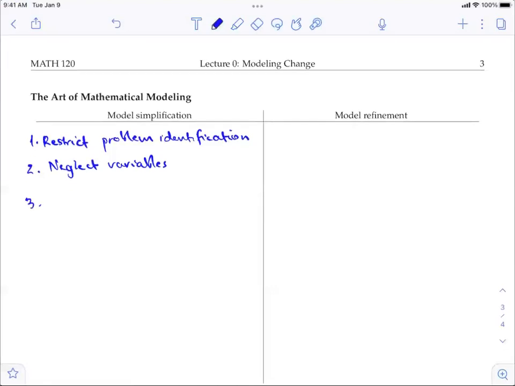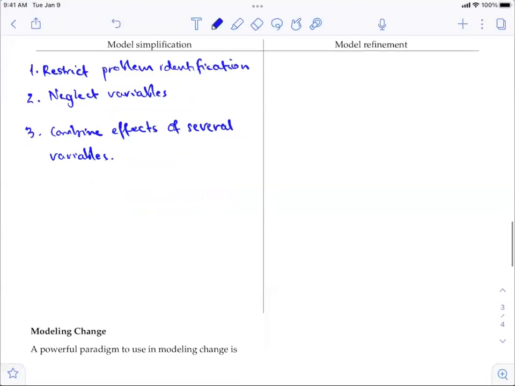And then number 3, you combine the effect of several variables, right? And then you can set some variables to constant. Right, so this is similar to step 2A that we talked about earlier, that you classify the variables so that you have dependent variables, independent variables, or neither.